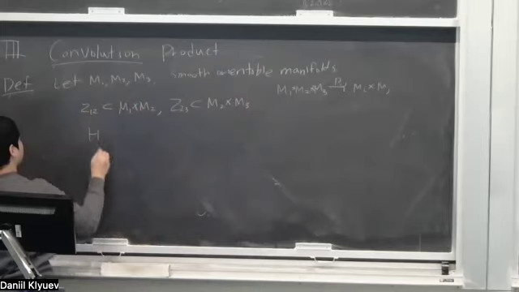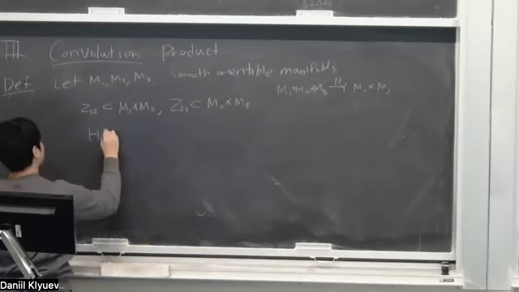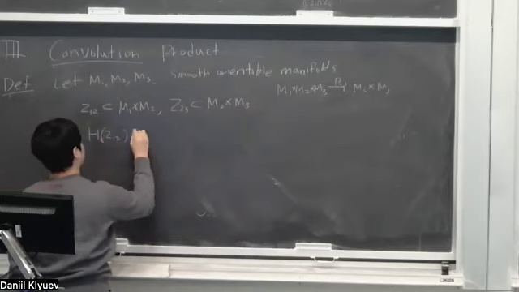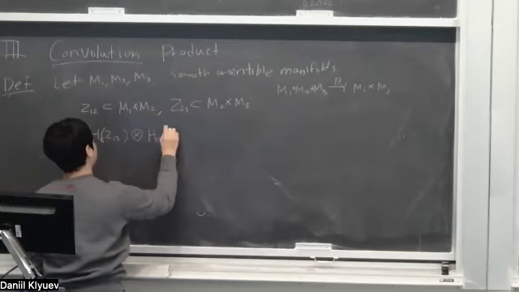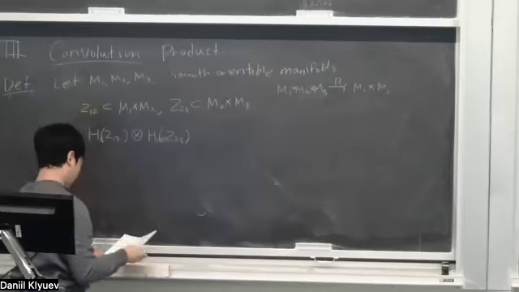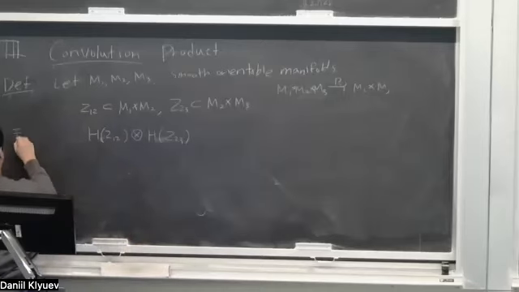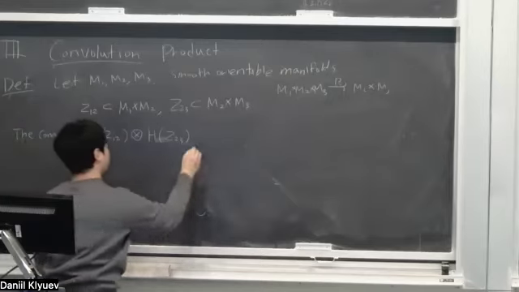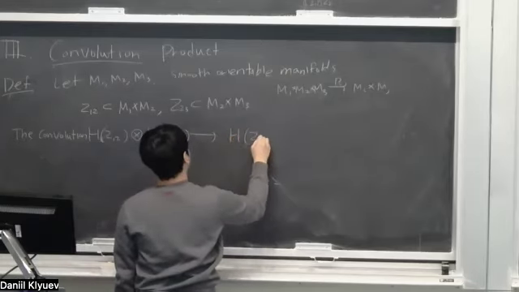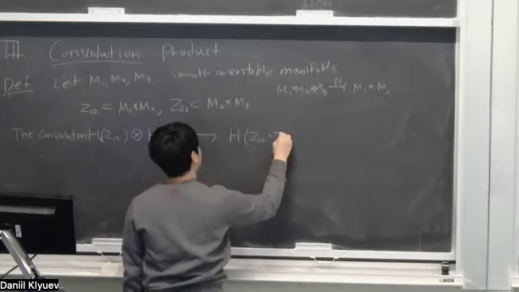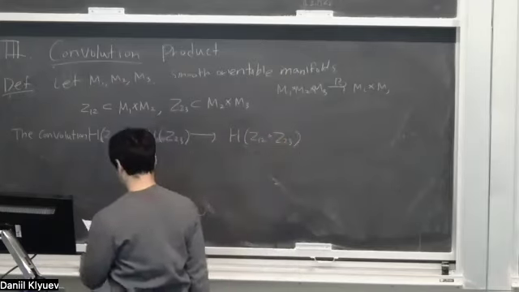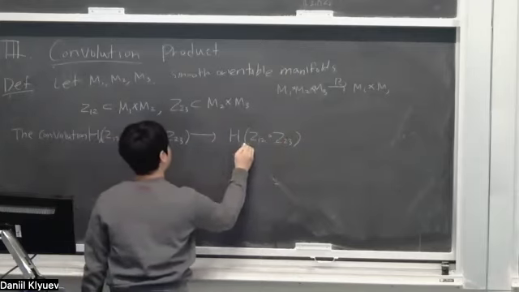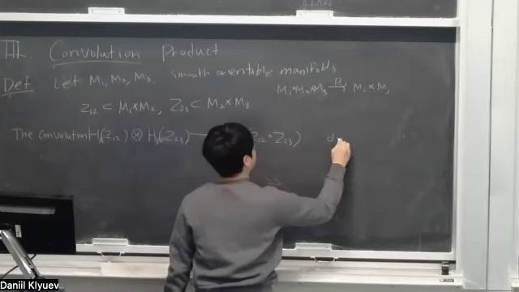Then we have H of Z12 and H of Z23, and we'll define the convolution. This will map to Z12 convolution Z23, the composition, with degrees i, j to i+j-d, where d equals the dimension of M2.